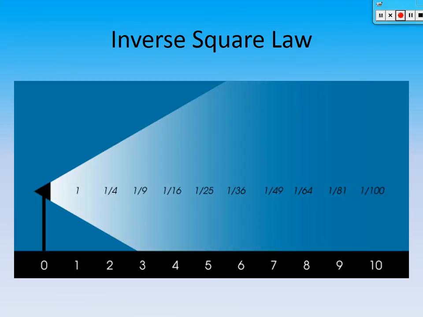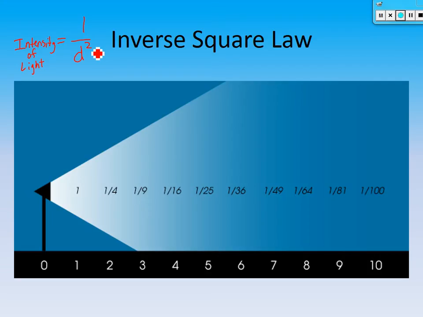Here's an illustration that shows how light is changed by the inverse square law. So this is light, so let's talk about intensity. Intensity of light is equal to 1 over d squared.